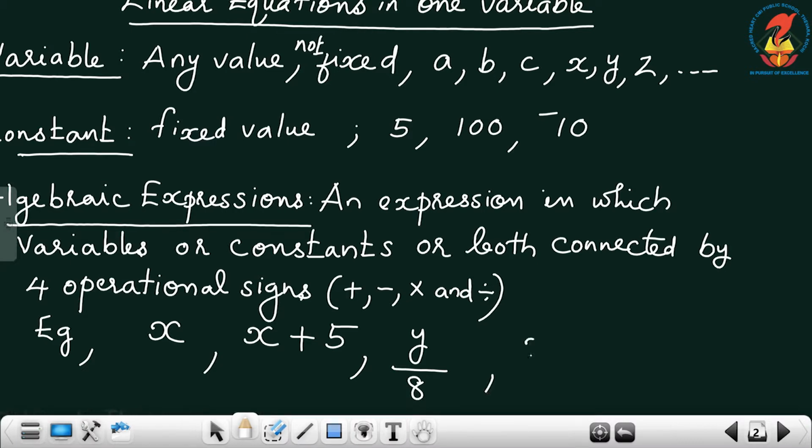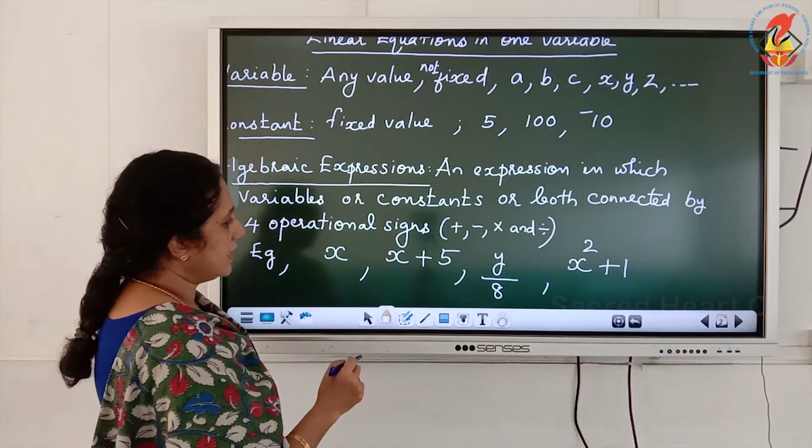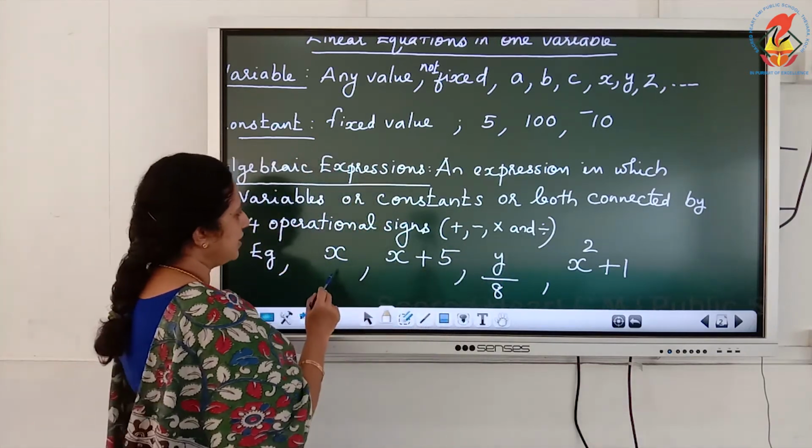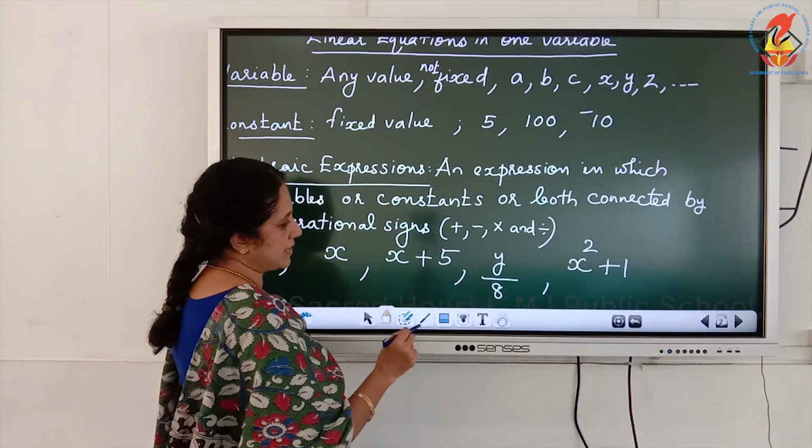Then the variable multiplied by itself, x square plus 1, another algebraic expression. So they are connected with the four operational signs, and then we get algebraic expressions.